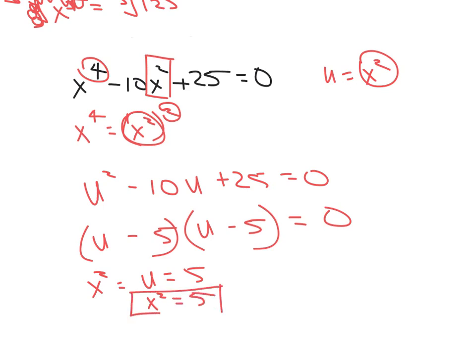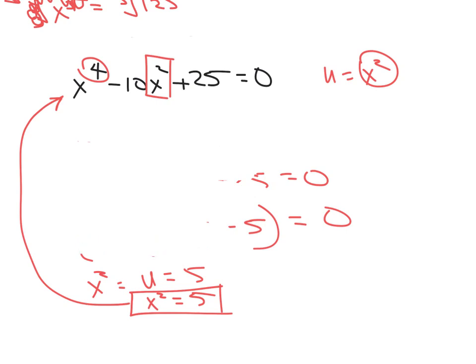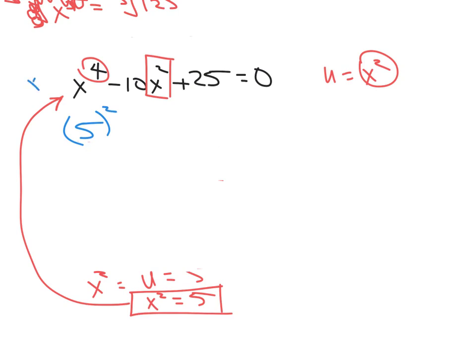So now I can take that, and wherever I see an x squared in my beginning problem, I can put a 5 in its place. So let's erase all this stuff, because we found out that x squared equals 5. Do this in blue here. So I'm going to put a 5 in for x squared, which gives me my squared there, because this was x squared squared.